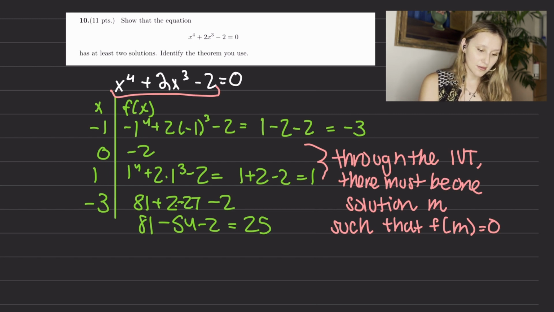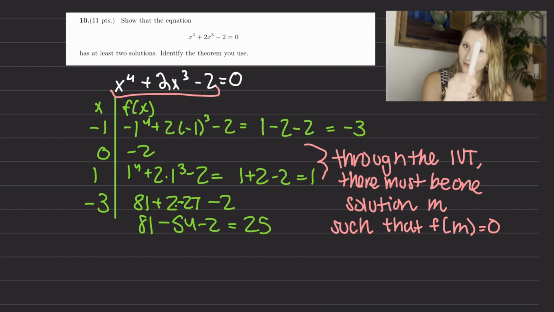Okay, if it's positive, which it is, the value of f at -3 is 25. When x goes from -3 to -1, it goes from positive to negative.